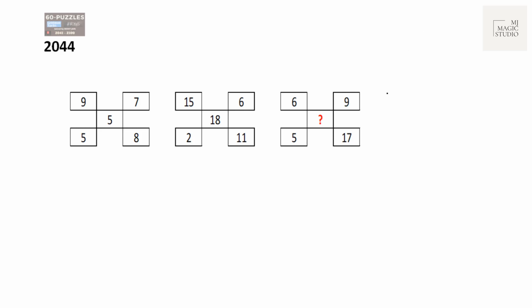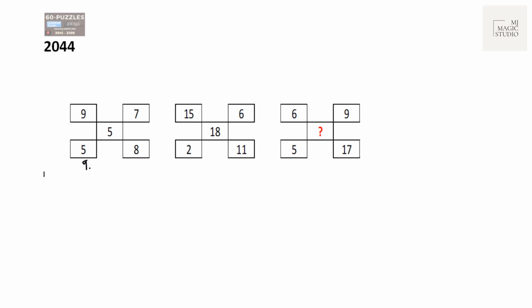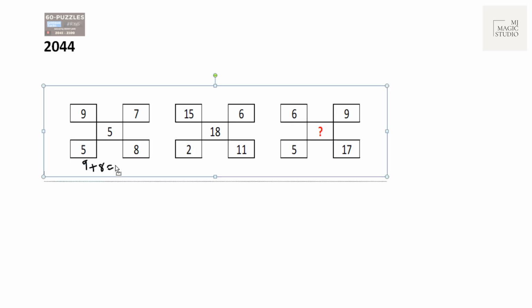So let's try out something which is more realistic. How these numbers can be formed. 9, 7, 8, 5. This is, okay, 9 plus 8 is 17. And 5 plus 5 plus 7 is also 17.